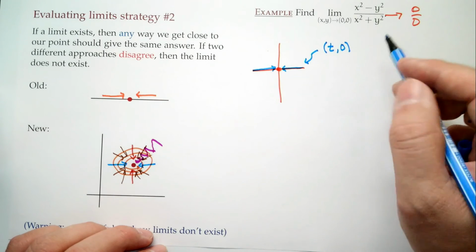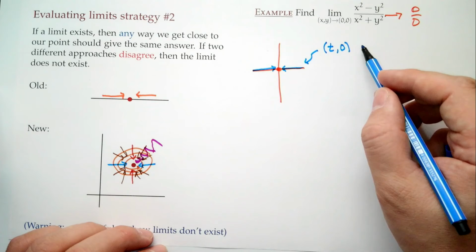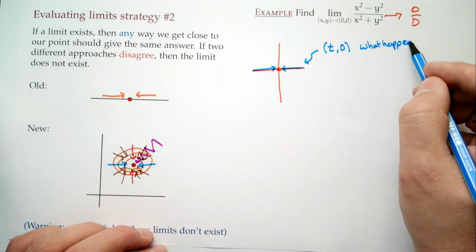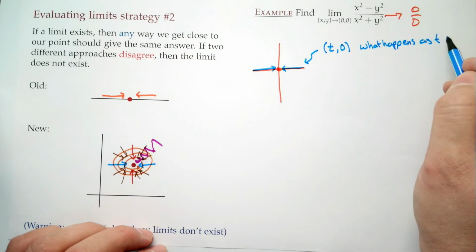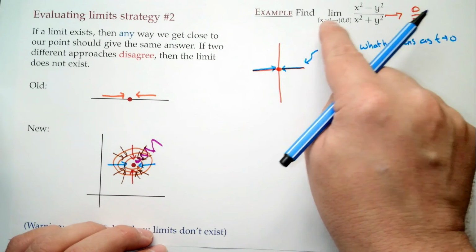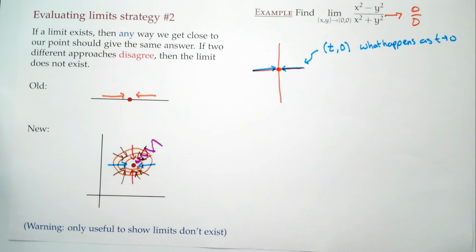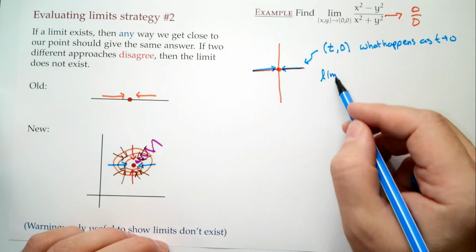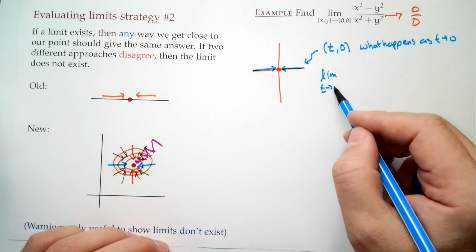And so I really want to know what happens as t goes to 0. So the advantage that we have is we're going to look at not as two things varying, because here x and y are varying. We're going to look at it as one thing varies. So we're going down to one dimension less. So as I approach here, I say, well, this would be the limit. The t is going to 0.